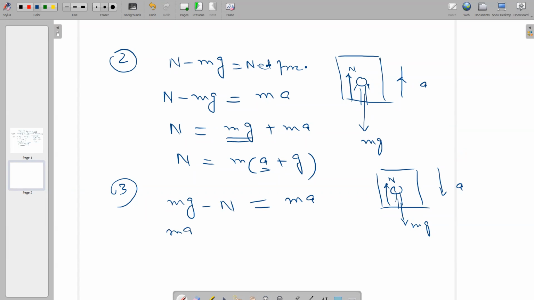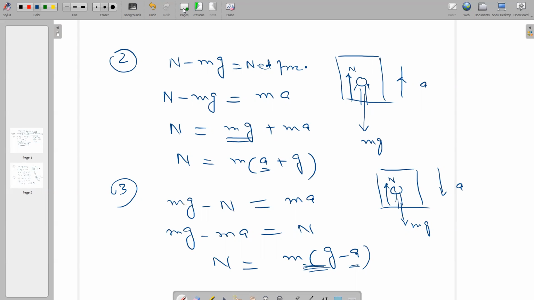So you can write mg minus ma is equal to N, and N is equal to m(g minus a). Here you can see the weight is decreased, because this factor is subtracting from g. If we take the value of g as 9.8 and acceleration is 1 meter per second square, the total answer will be decreased. But in the earlier case, with 9.8 and acceleration 1, it will be increased. So this is the third case.